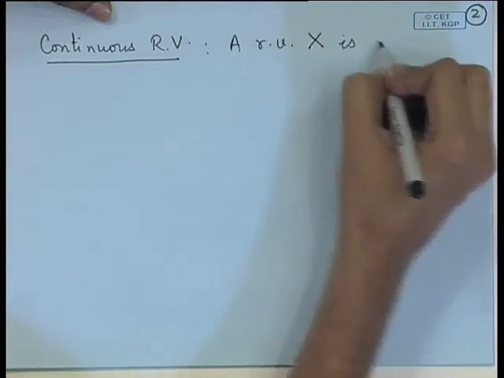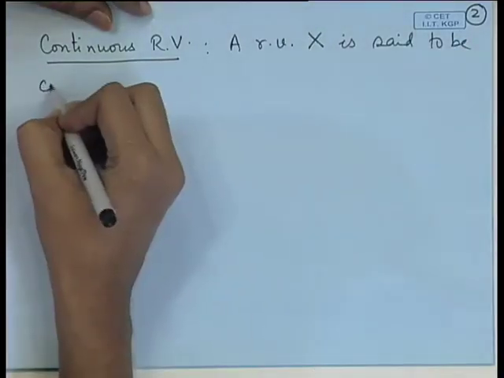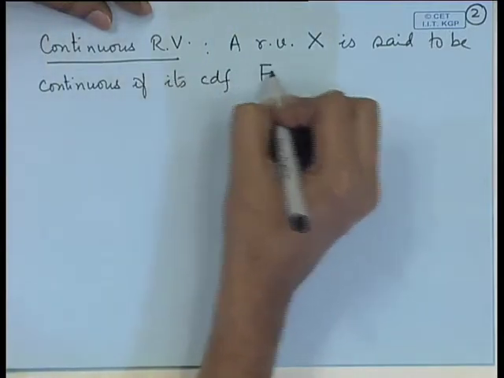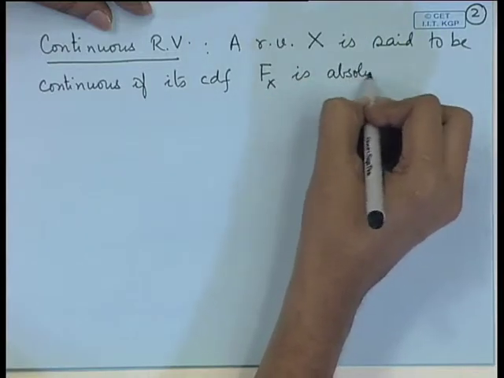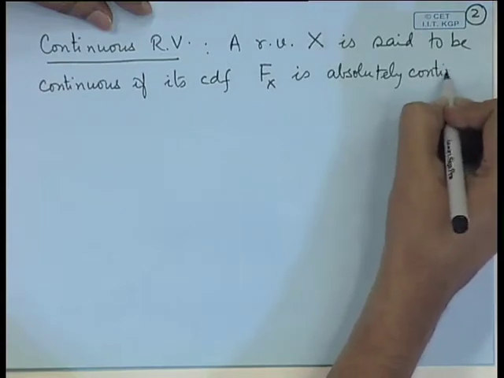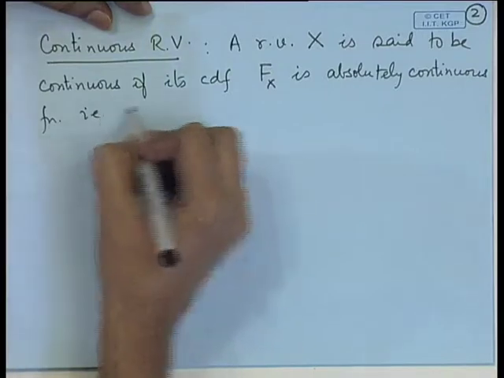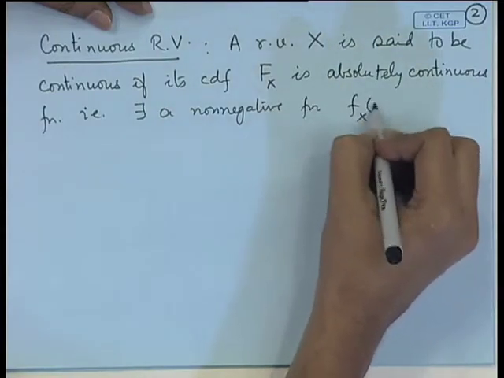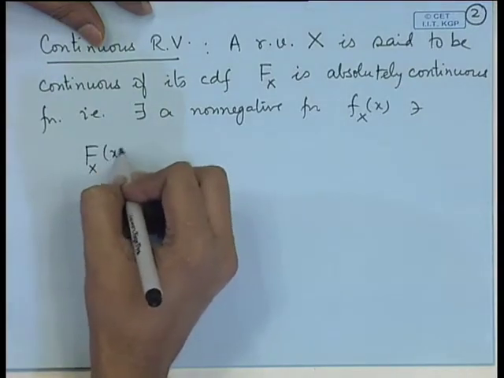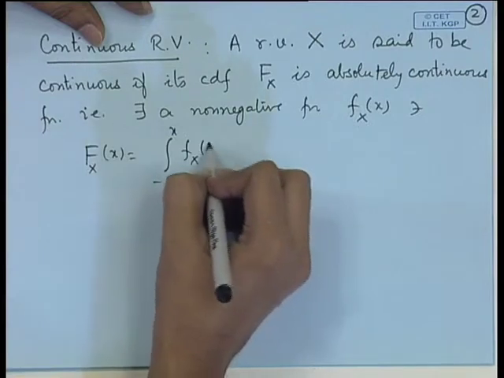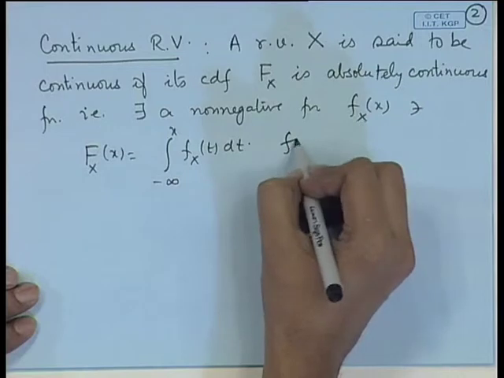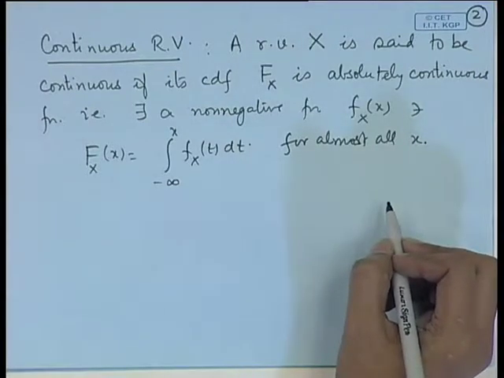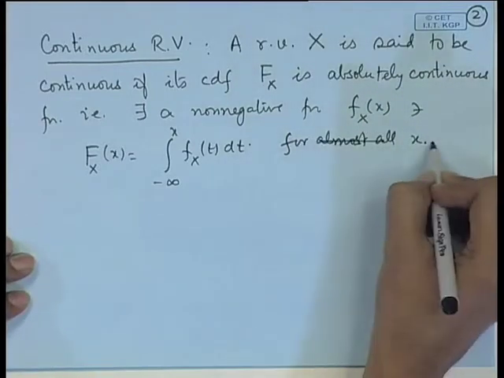That is, there exists a non-negative function small f(x) such that capital F(x) is equal to the integral from minus infinity to x of f(t) dt for almost all x. Basically, it should be for all x belonging to R.